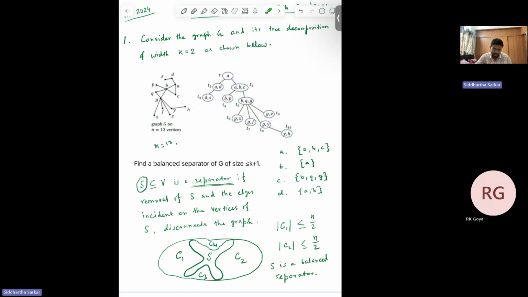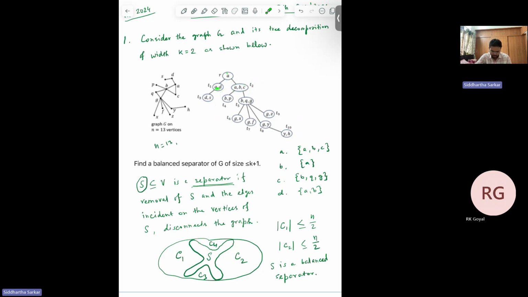So that means this heavier component is causing the problem, so we have to check if we can move to the heavier component and delete some bag from it. Therefore from the root we traverse to the next child on the heavier side.